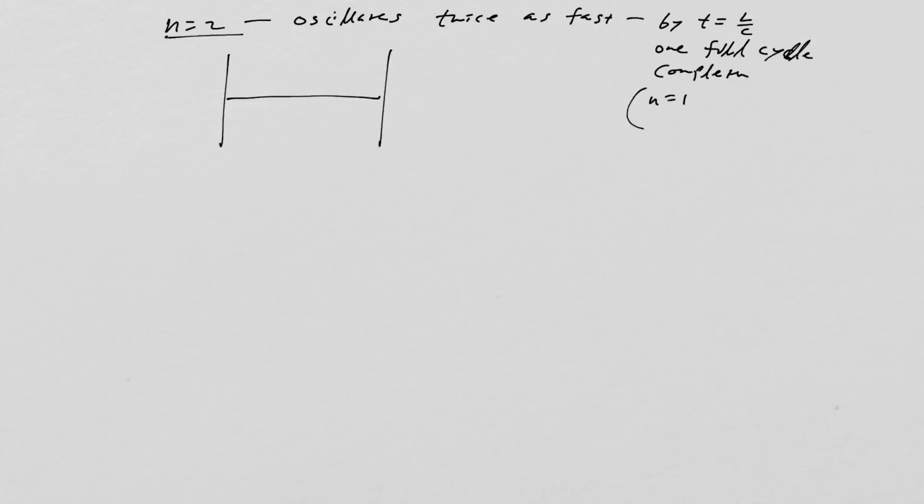Recall that the n equals 1 mode took t equals 2L over c to complete. And then what it does is it looks like this. It also has what I call a higher spatial frequency.